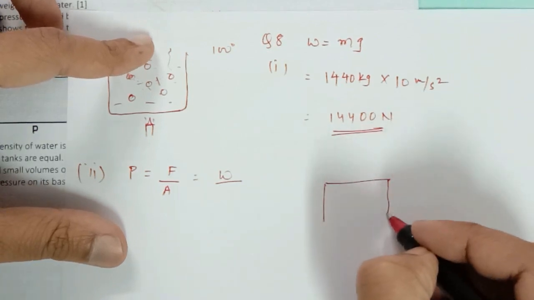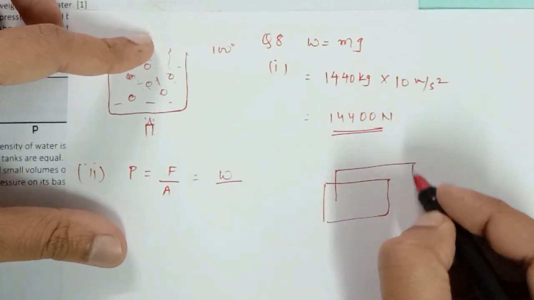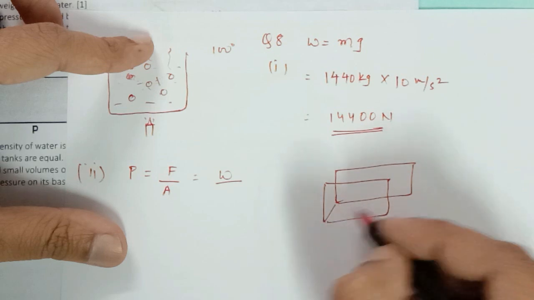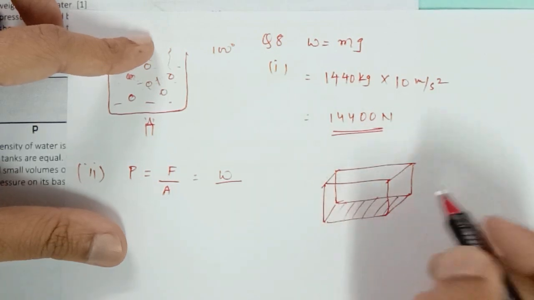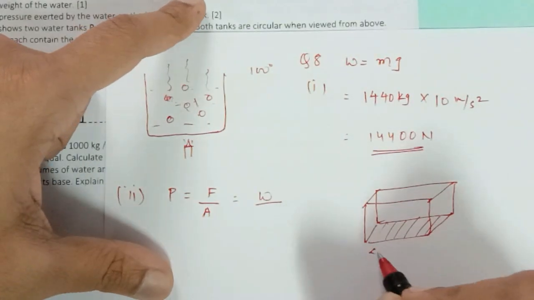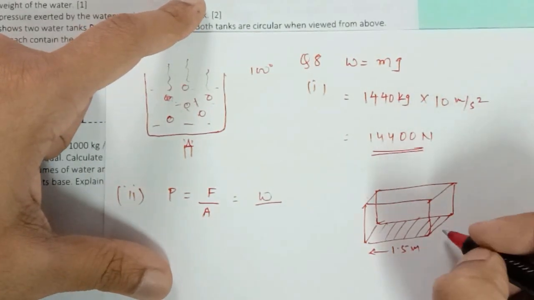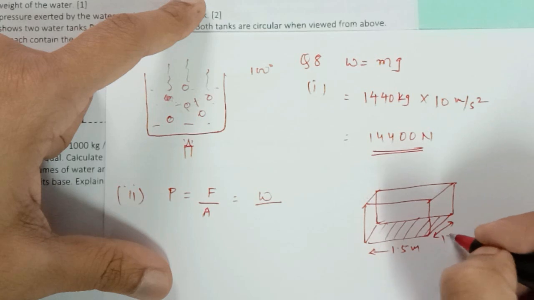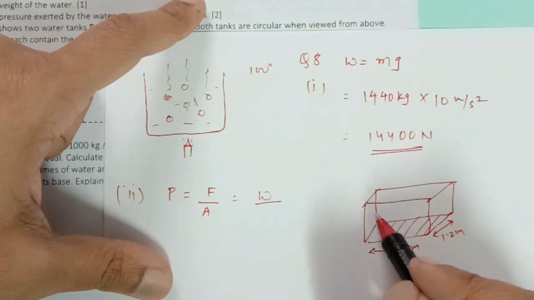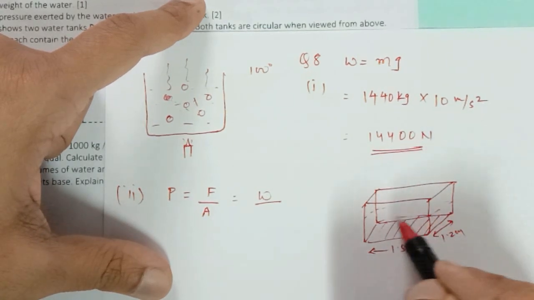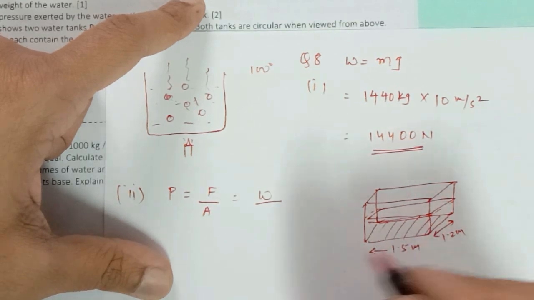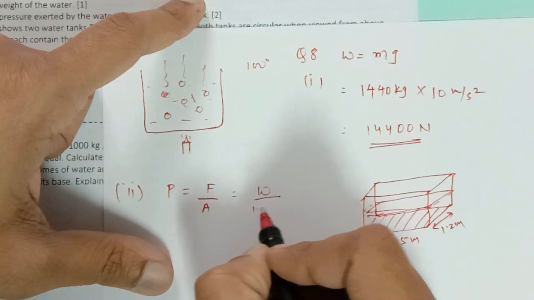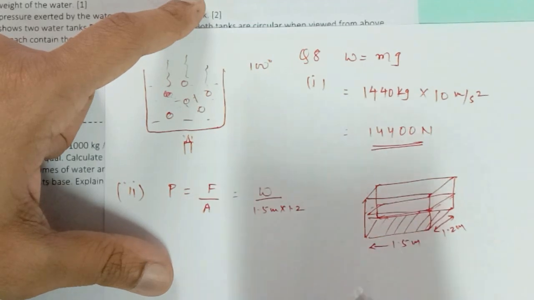So suppose if I draw this rectangular base, it has length 1.5 meter and breadth 1.2 meter. So the area of the base, because if the liquid is filled till here, then the base area of the liquid will also be the same. So area is 1.5 meter into 1.2.